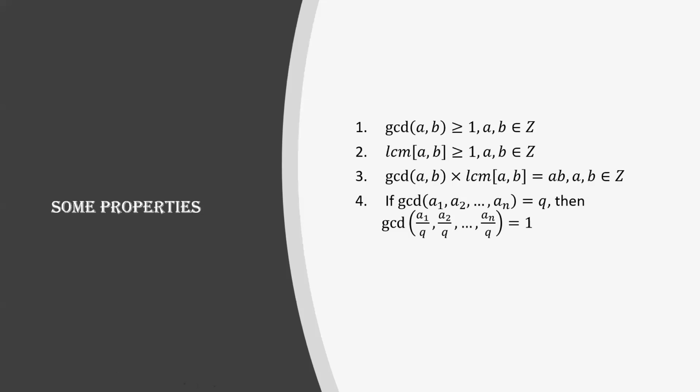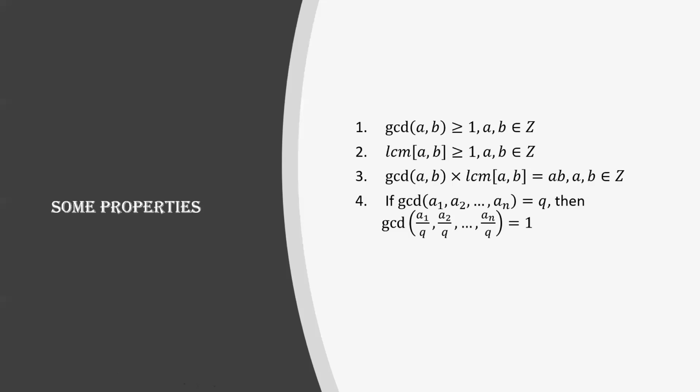So let A1 be Q multiplied by X1, A2 be Q multiplied by X2, and so on until An be Q multiplied by Xn. Wait, one minute. What are you trying to prove? The fourth property. Okay, wait, I haven't completed.